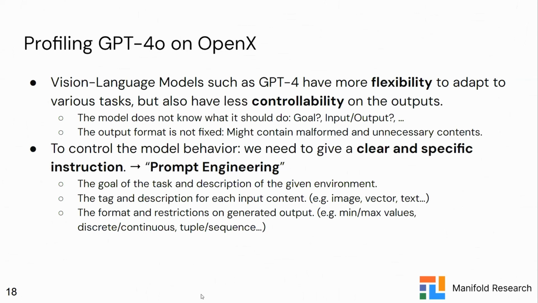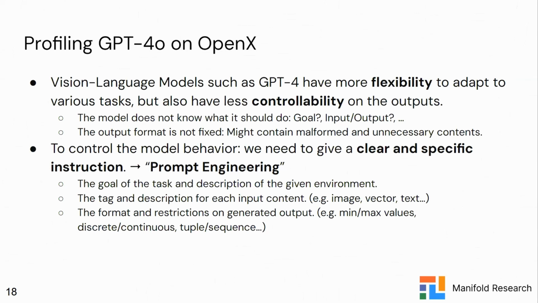So the most important thing to consider when dealing with GPT-4 in this project was that it has not been trained on the control tasks. Maybe the pre-trained data might include some text regarding reinforcement learning, but eventually it is a language model, and it is not for explicitly performing RL tasks.